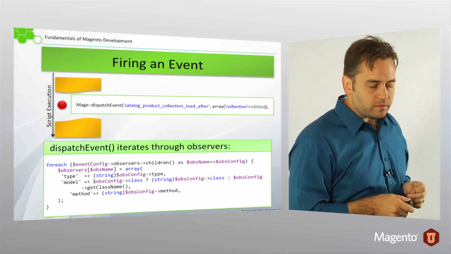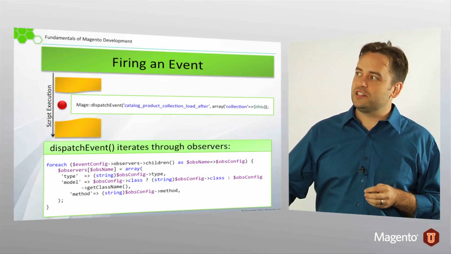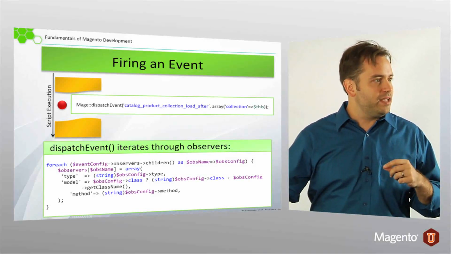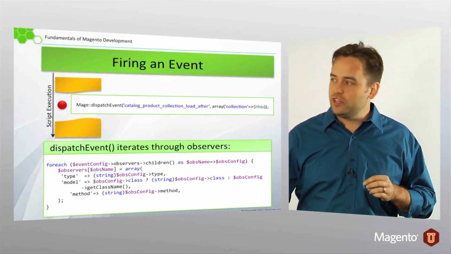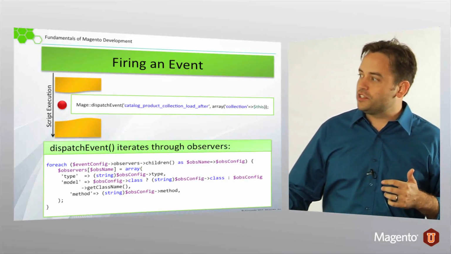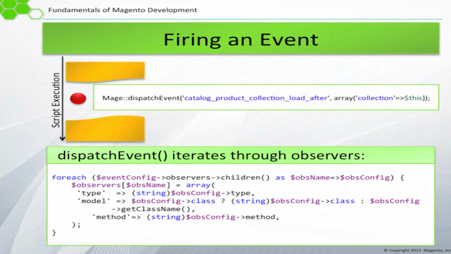So inside the dispatchEvent method in this class, and again, this class is found at app/Mage.php, you can actually look at the definition for this and see all we do is look at our XPath, and we go and we find some XML. So again, we're back to XML configuration. I know I piled a bunch of XML on you yesterday, and I'm going to heap on some more today.